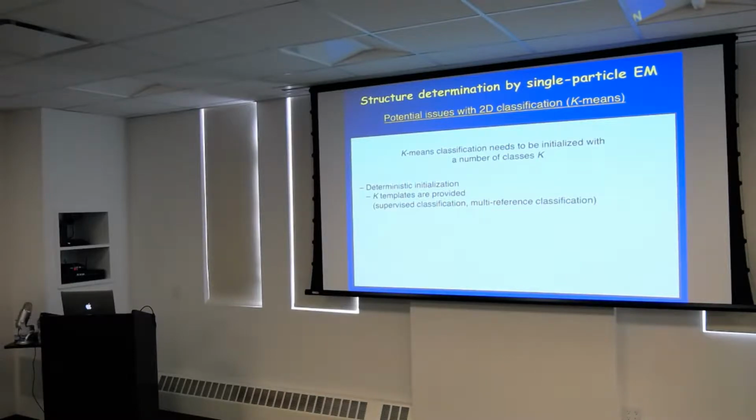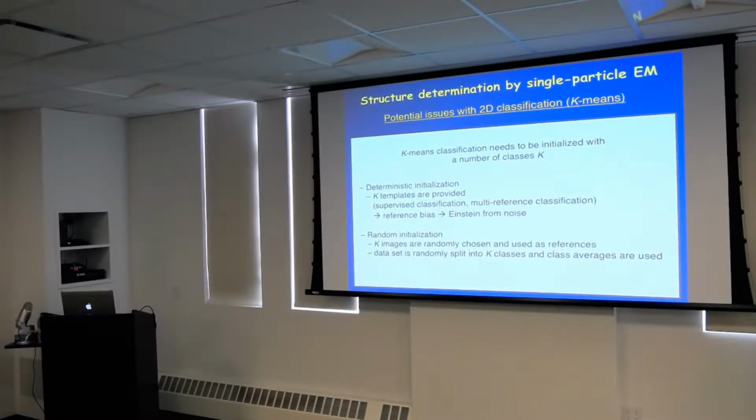This is called supervised classification or multi-reference classification. It's a very useful technique, but only once you actually know what you're dealing with. The problem is that if you give the templates for the classification, you again get the reference bias. So that's something to keep in mind: you're never going to find something that you're not expecting to find.